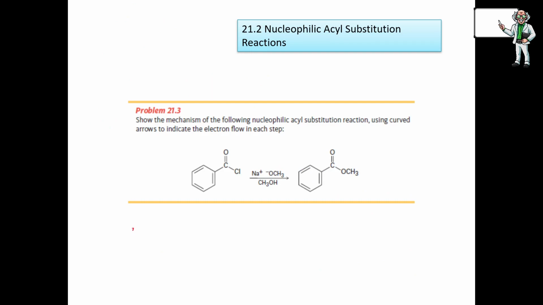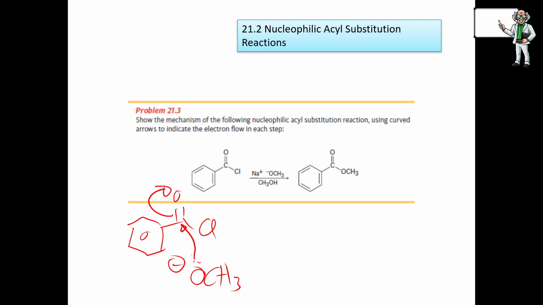Okay, for example, we can do this exercise. We have this compound, and we add a methoxide. The methoxide is a nucleophile. The pair of electrons of the oxygen will attack the carbonyl group, and the pair of electrons that are forming the carbon-oxygen double bond will go to the oxygen to form this tetrahedral intermediate.